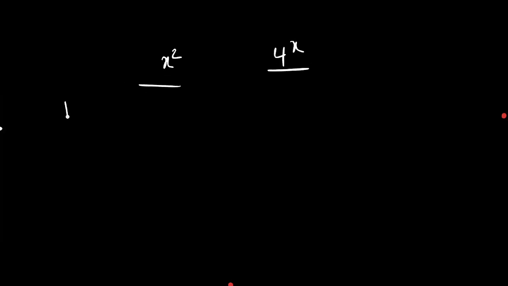Well, let's plug in a 1 here. 1 squared is 1. 4 to the first power is 4. If we put in a 2, 2 squared is 4. 4 squared is 16. At 3, 3 squared is 9, and 4 to the third power is 64. You can see that this exponential function grows much faster than our polynomial here, right?